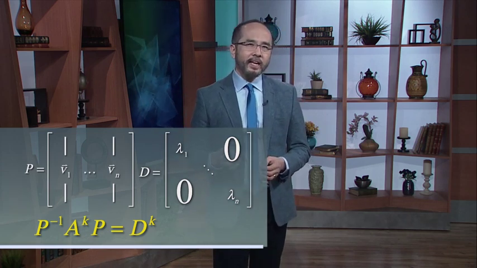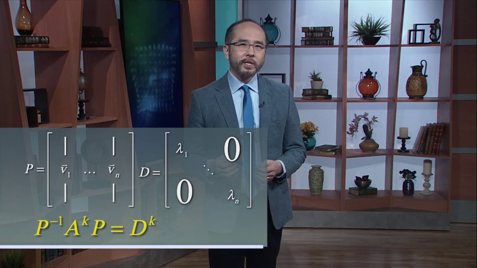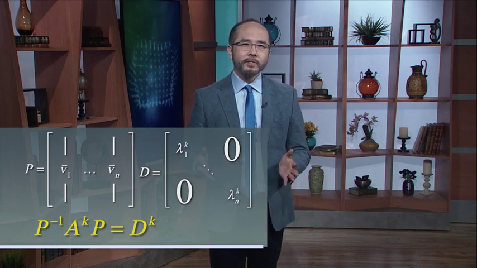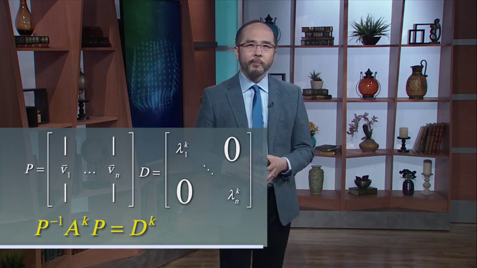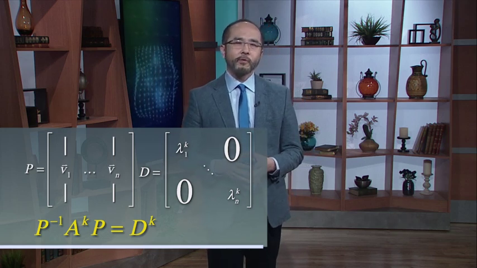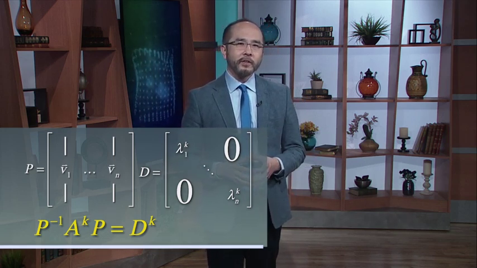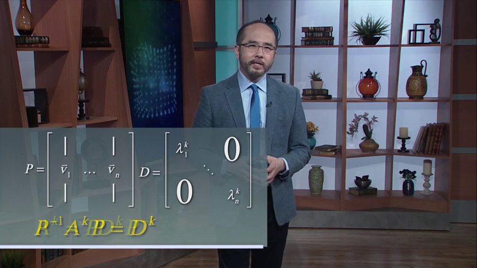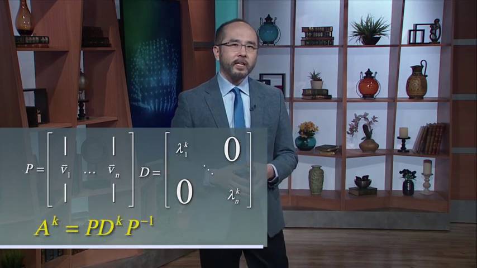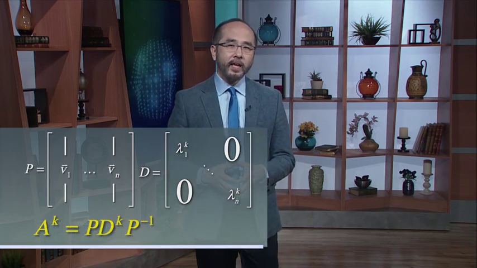That D to the k is very easy to compute because you just raise the diagonal elements to the kth power. You might pause the video and try some examples to see why. Then rewrite the expression like this, as A to the k equals P D to the k P inverse.